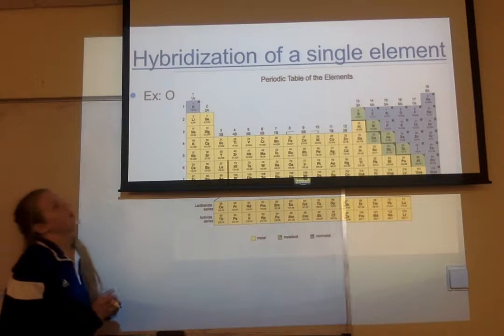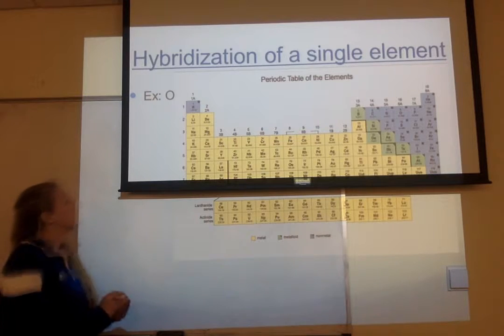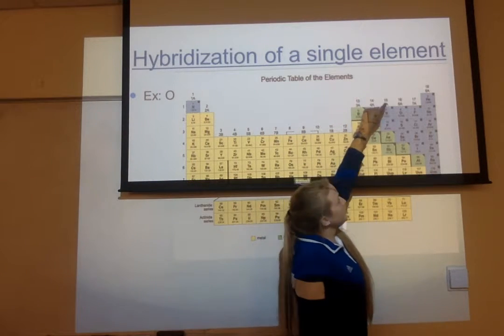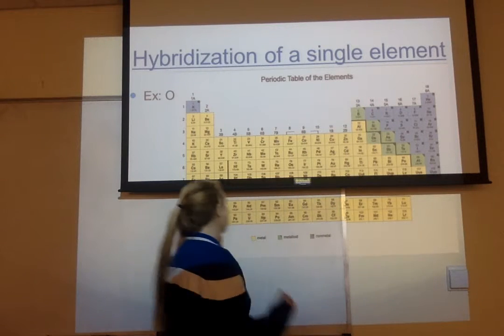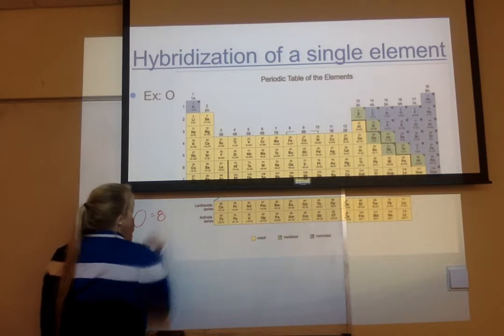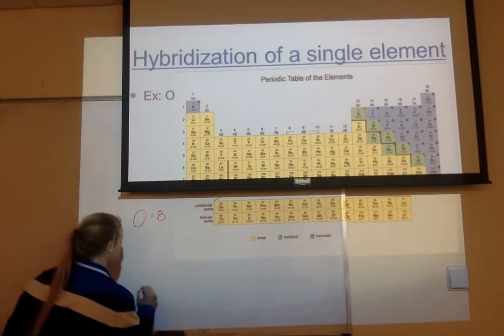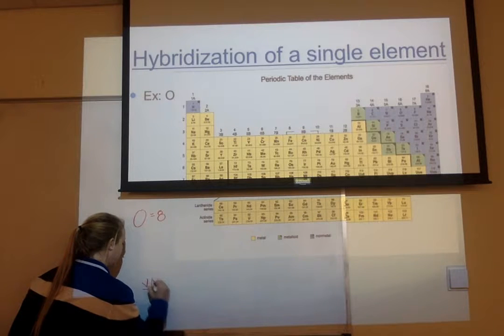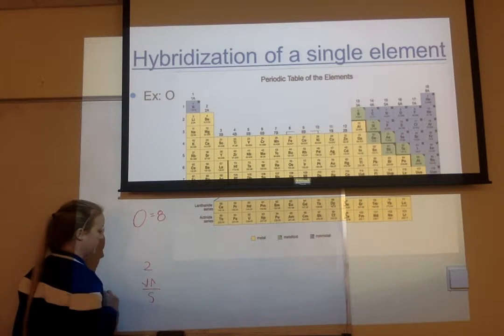Now I'm going to teach you how to find the hybridization of a single element. Today we're going to be using oxygen, so find it on the periodic table, and we're going to be using the valence electrons. Oxygen contains 8 valence electrons. So now we're going to draw the structure. S has 1 orbital, so 2 valence electrons have been used.